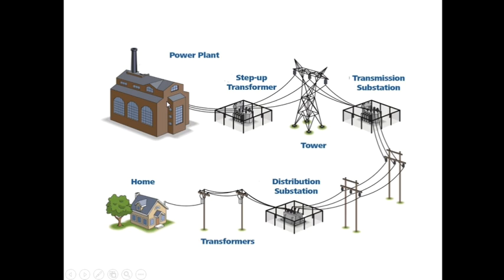That may be 11 kV. So we need to increase the voltage for transmitting the power for long distance. So here is the step-up transformer in the step-up substation to increase the voltage.